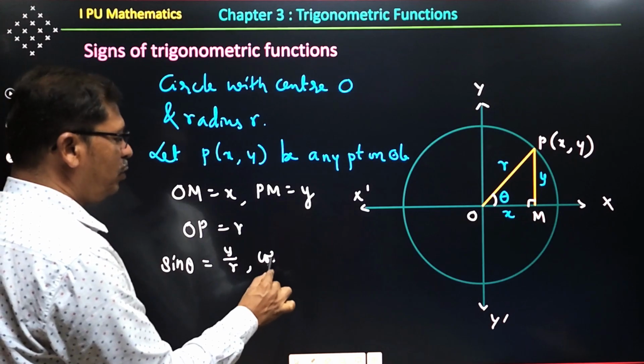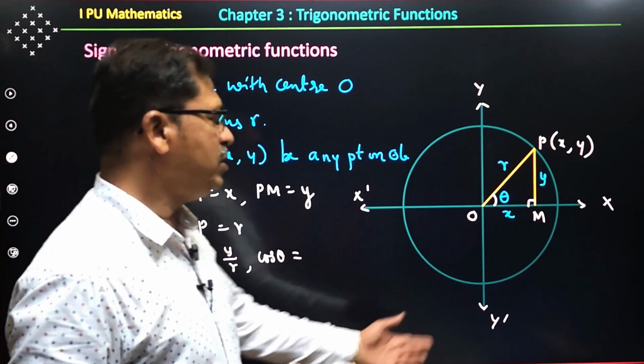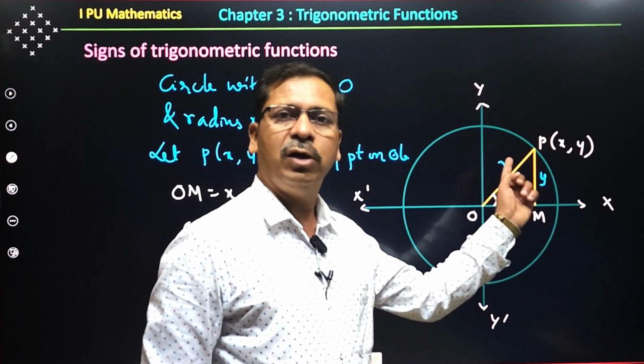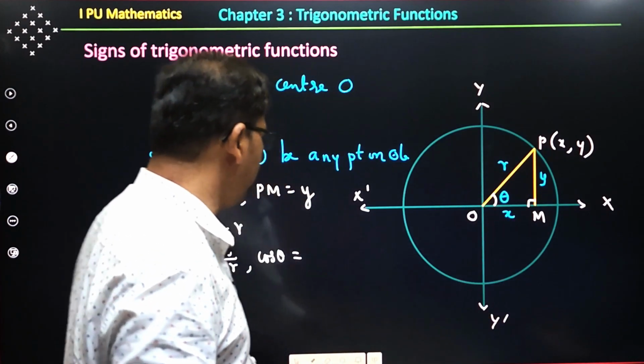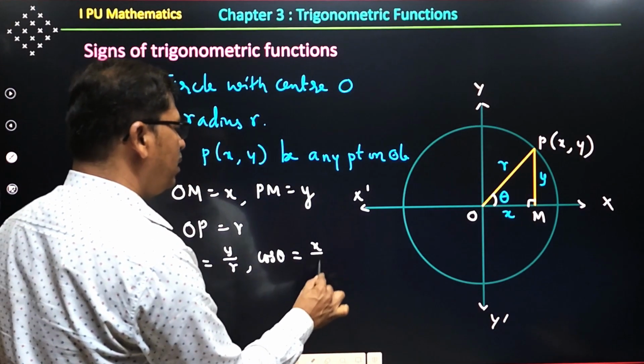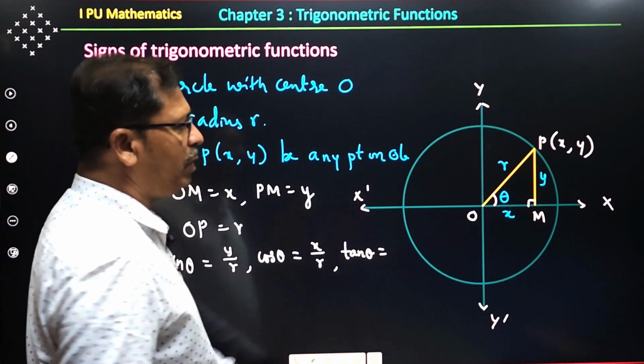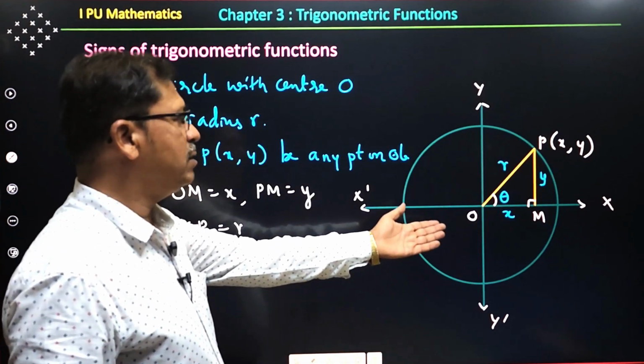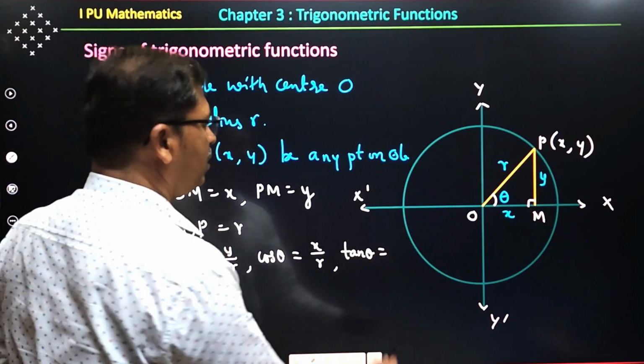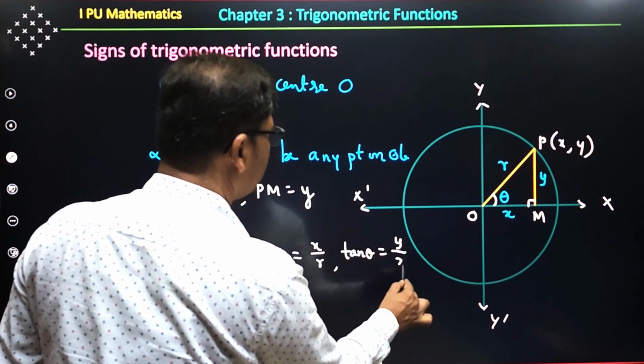Cos theta is base upon hypotenuse, OM by OP, so cos theta is x divided by r. Tan theta is opposite side divided by adjacent side, PM by OM, that is y by x.